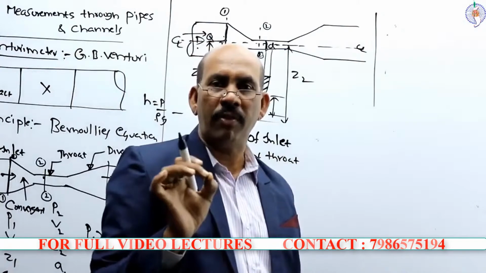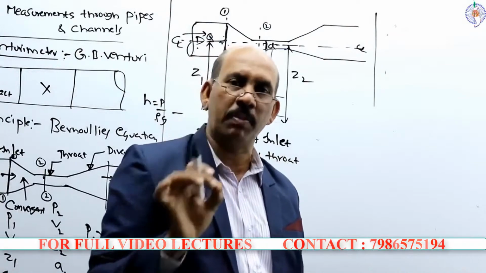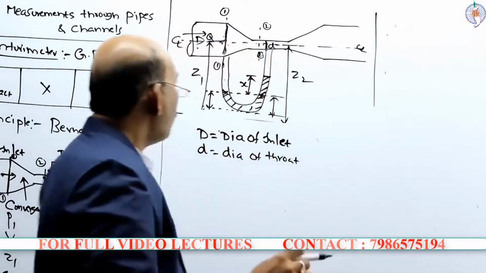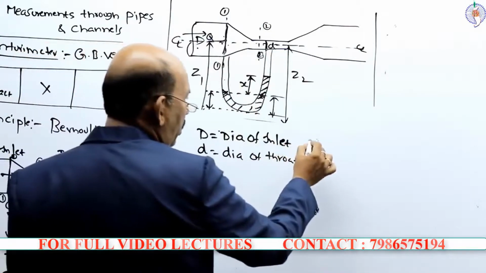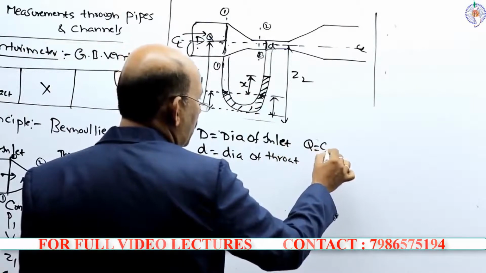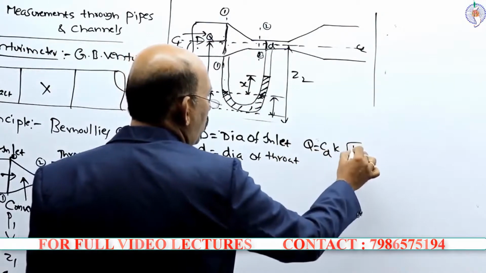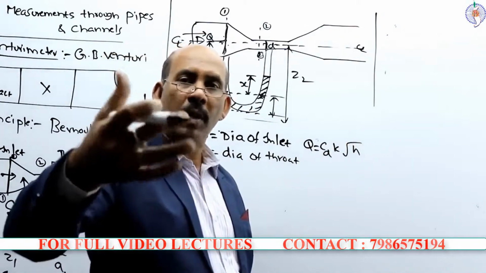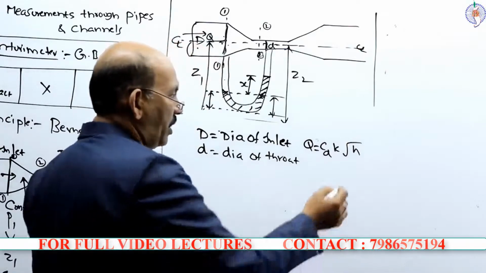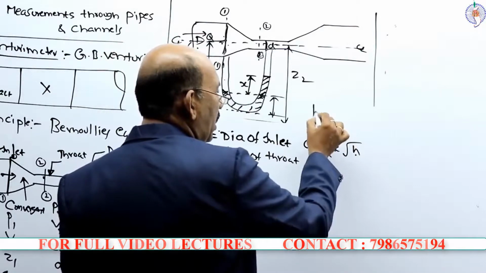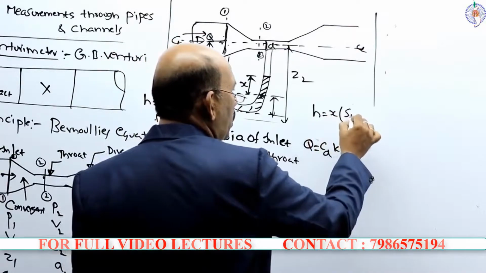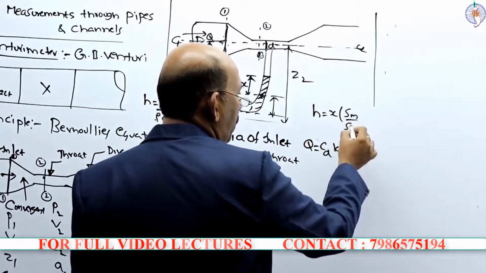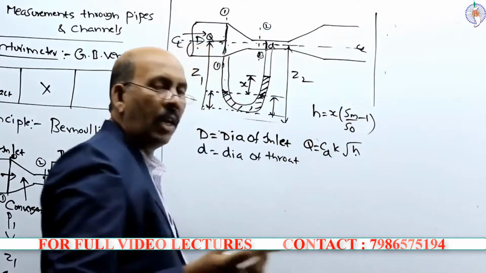The very important characteristic feature of this venturimeter is, by creating your equation Q is equal to CD into K into root H, and you create more and more value of H, the pressure difference H is equal to X into specific gravity of manometric liquid minus 1.